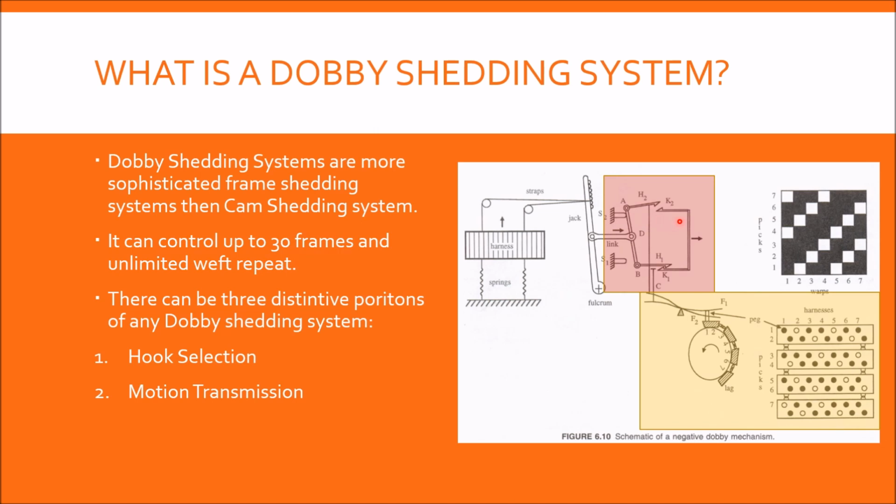Otherwise, the frame does not get the transmission of motion and stays at the bottom position. If it gets the motion, it is pushed forward and the frame is lifted.